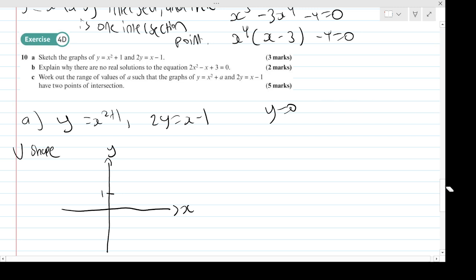Anyway, lastly, I don't have a lot of information really. I'm going to sketch where the minimum point would be. So how do I find the minimum point? Remember, of a quadratic curve, the minimum point is the bottom point, a turning point. We complete the square, so I'm going to do that over here. Y is x squared plus 1.